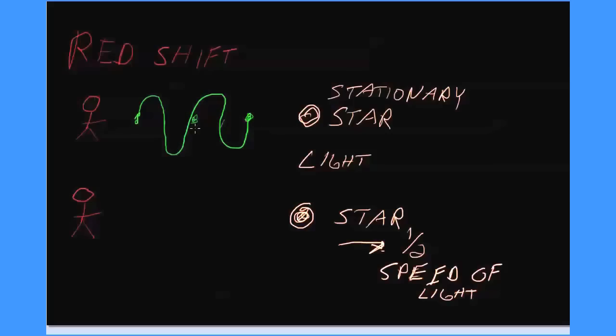It's coming to us at a certain wavelength and a certain frequency. We know frequency is the number of crests that pass a given point per second. So this stationary star is sending out a green light here.